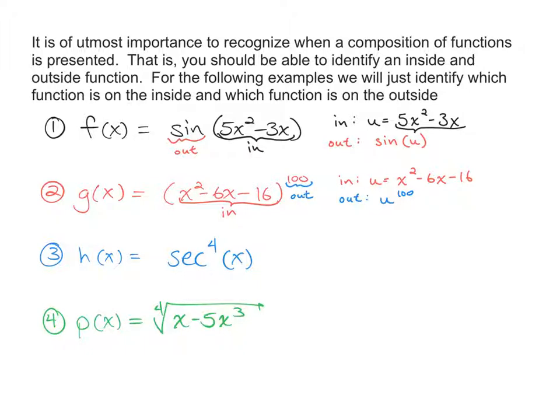Here in the third example, you can see that there's clearly an x inside the secant function. However, this power 4 right here tells us that we should rewrite what this function looks like. And so this function, the 4, is affecting the secant, not the x. So we need to rewrite this as secant of x raised to the 4th power.